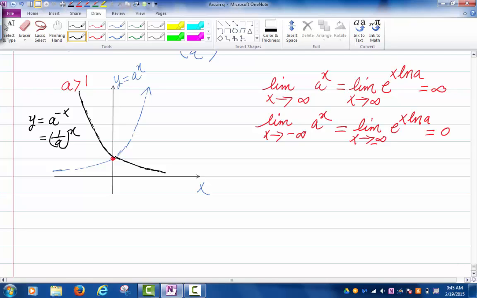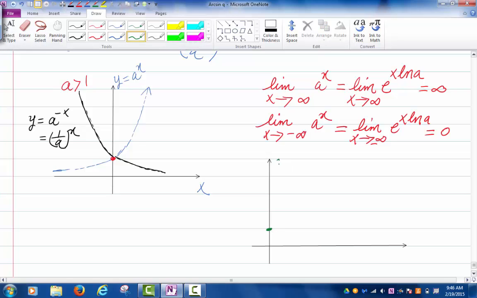Am I making sense? But let me make another graph just to complete my discussion here. Let me make one more curve here, and this time let me use green. This is a to the 0.